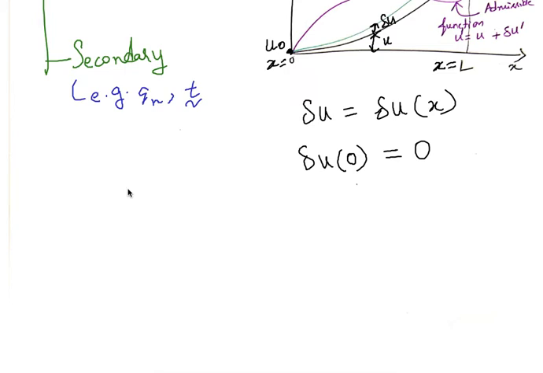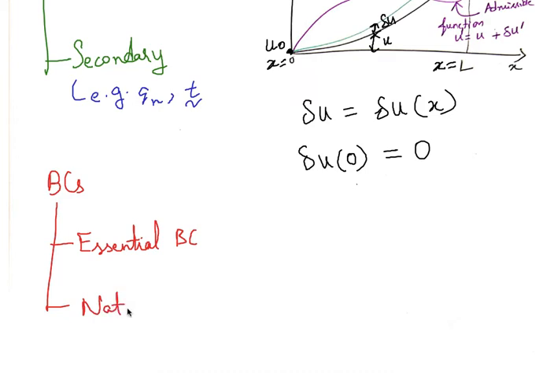Now the boundary conditions that you have are divided into two categories: essential boundary conditions and natural boundary conditions.